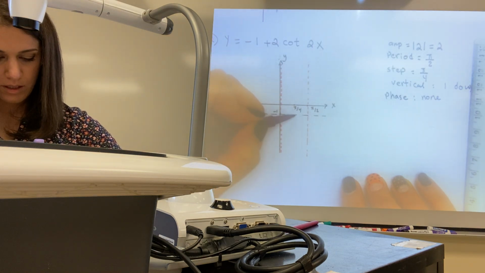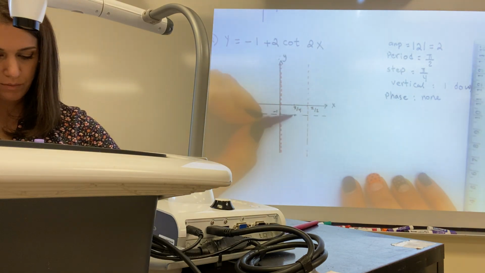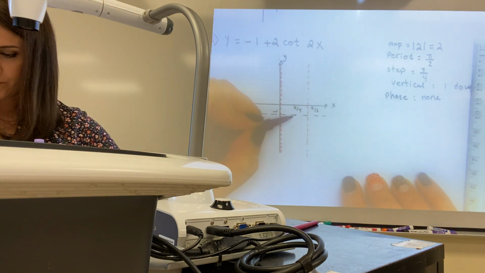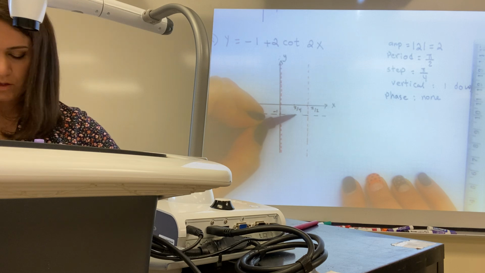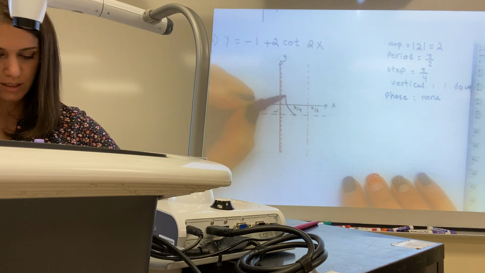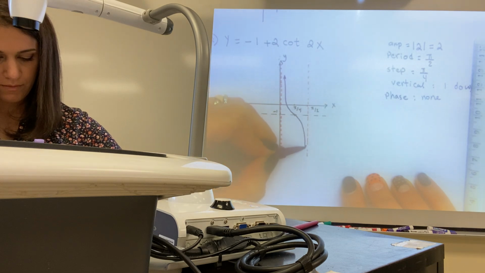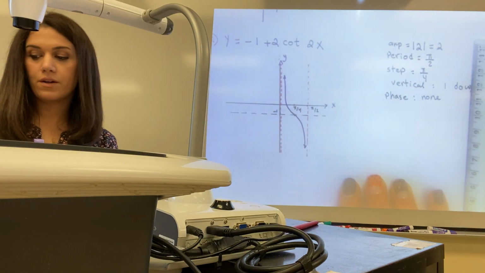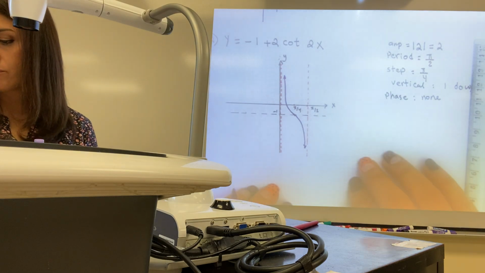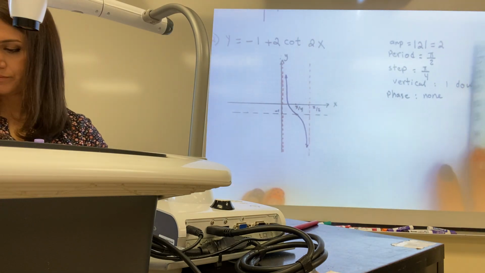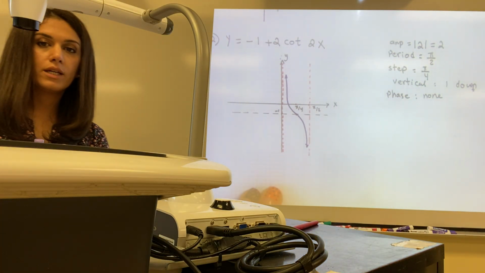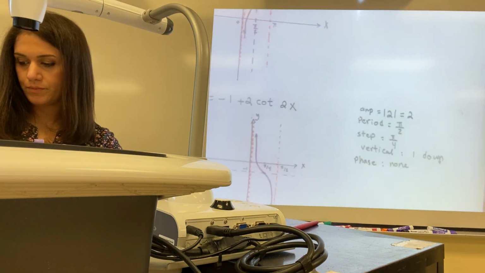This is the shifted one, pi over 4. So here is my cotangent graph for this function. Okay, let's look at one more example.